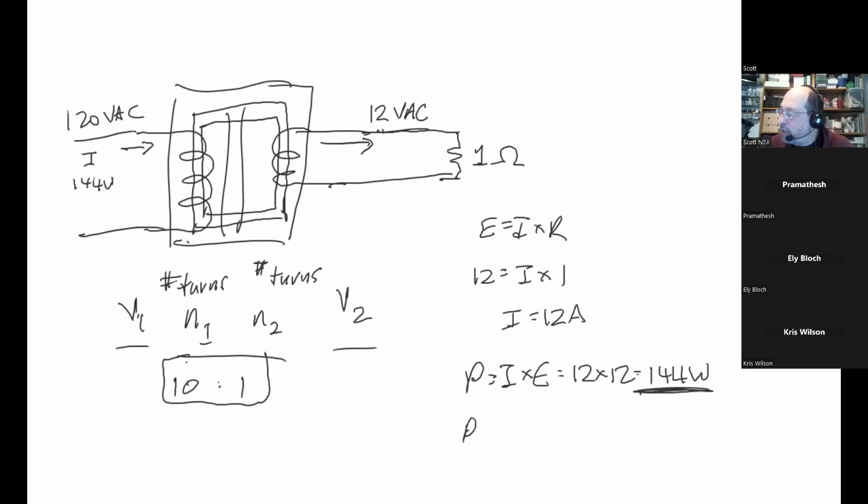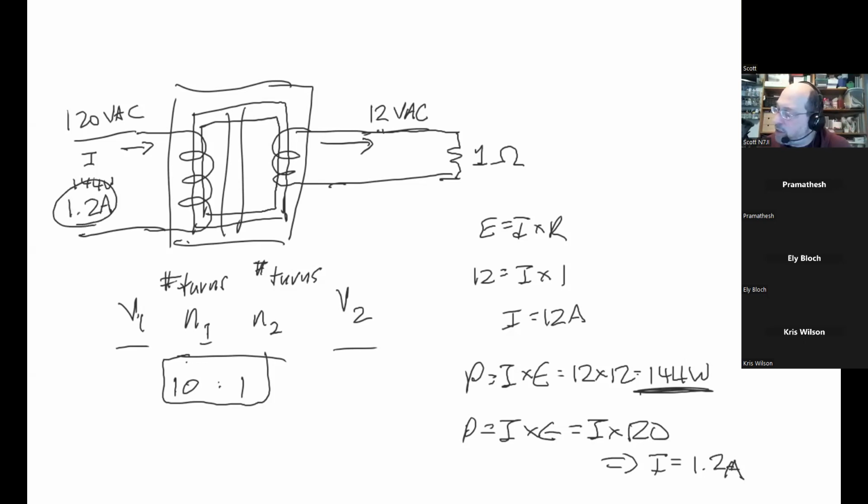P is equal to I times E, which is I times 120 volts on that side. And then my I is 1.2 amps. So if I have 1.2 amps over here and 12 amps over here, notice my voltage changed by a factor of 10, and my current also changed in the other direction by a factor of 10.